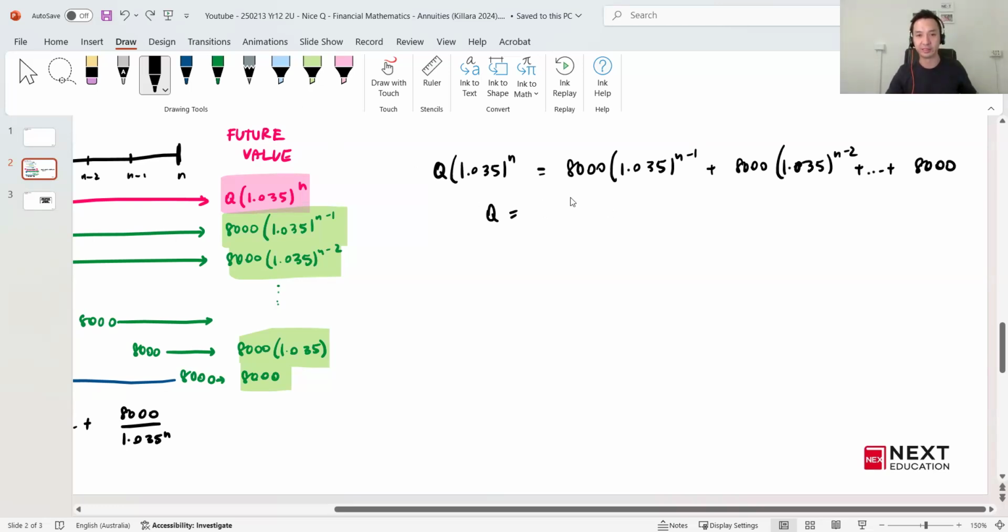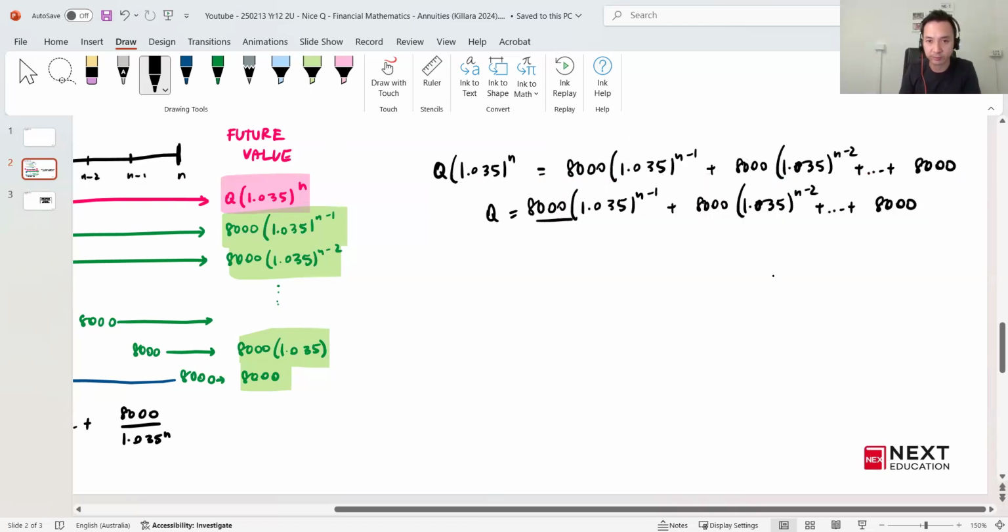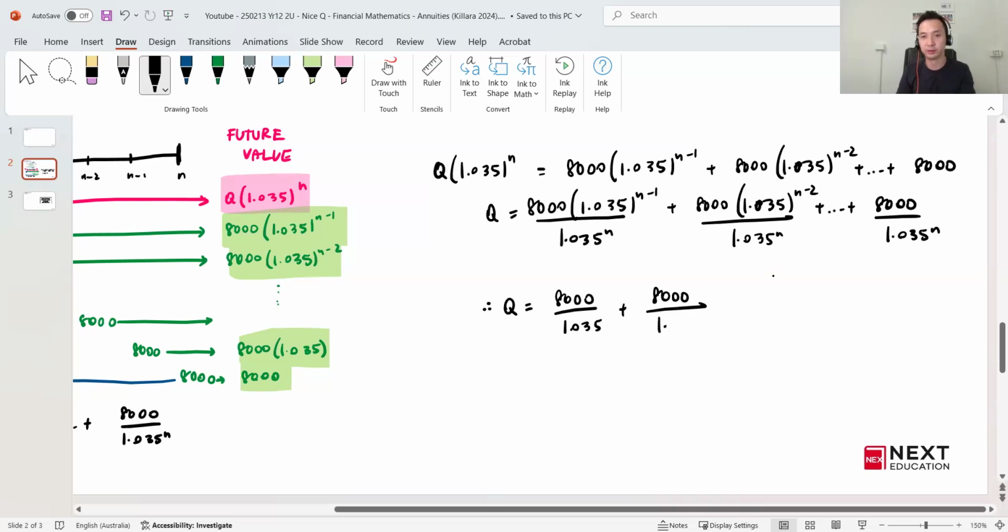I'm going to get lazy and just copy this, and just divide each term by 1.035 to the power of n. And then, of course, the algebra holds. This guy here cancels out and you get the first one, 8,000 over 1.035. The second one, 8,000 over 1.035 squared. And the last one, 8,000 over 1.035 to the n, which is the same.